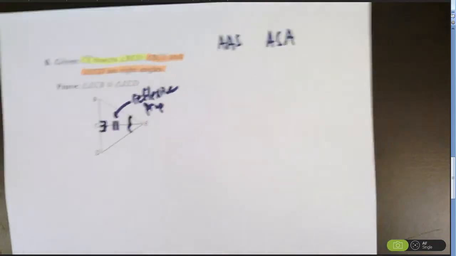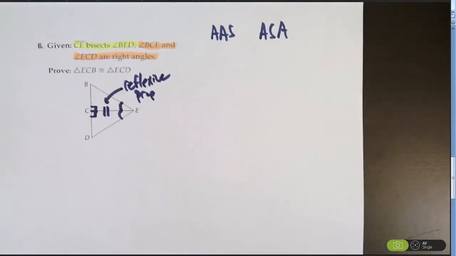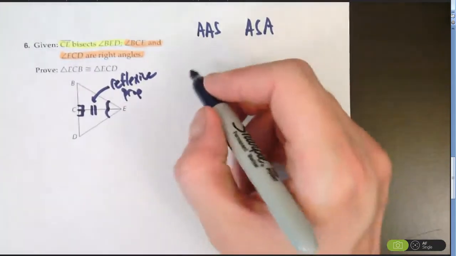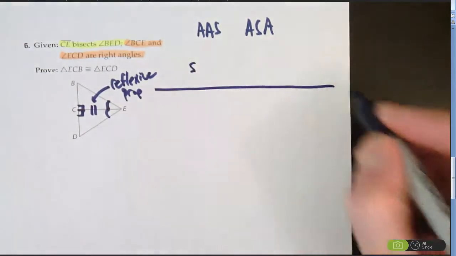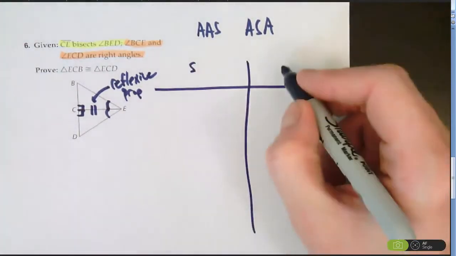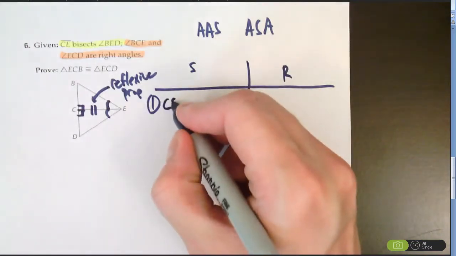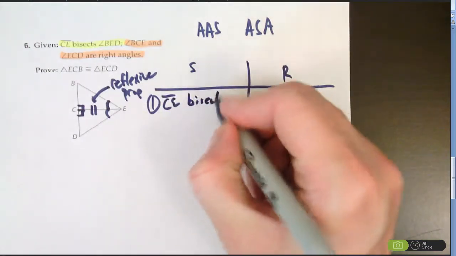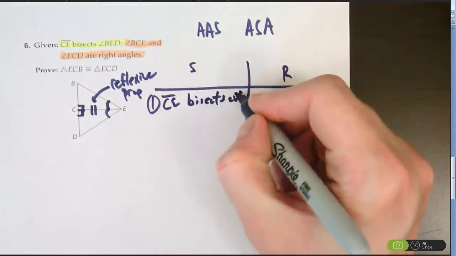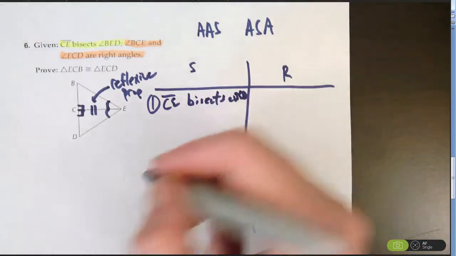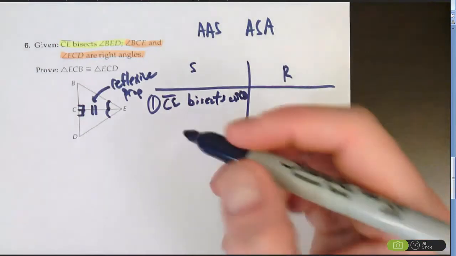Okay, so now it's time to put the proof together, to write out the statements and reasons. So first of all, statement, reasons. Segment CE bisects angle BED. Sorry, I know it's sloppy, but I don't have a ton of space in here, and these guys have fat tips on them.